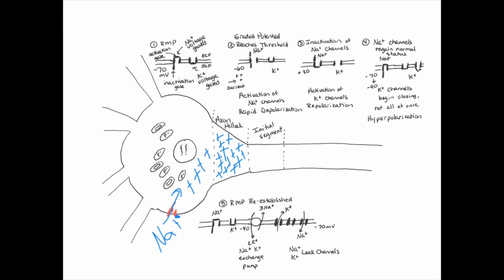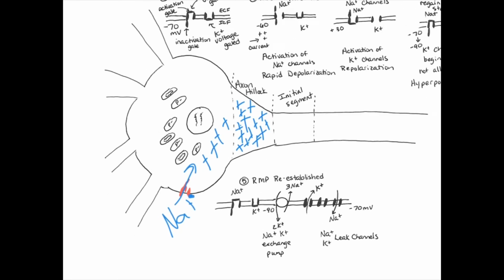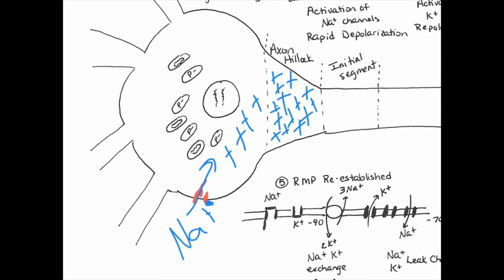We're getting closer. We're moving away from negative 70 towards 0. Okay? So I just drew a bunch of positive charges. So that's our graded potential.